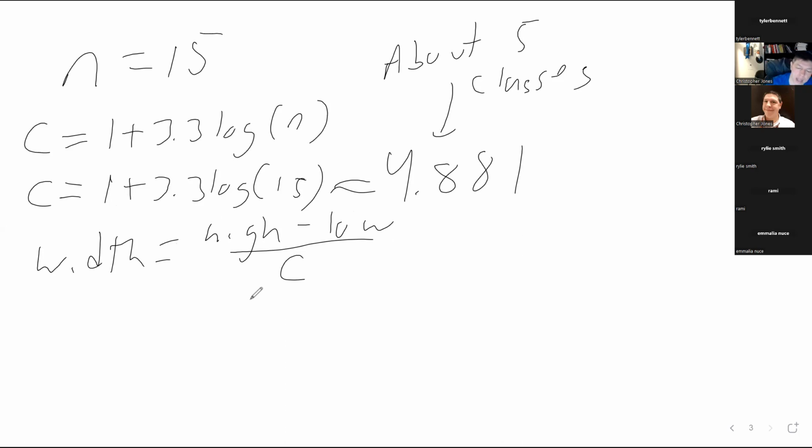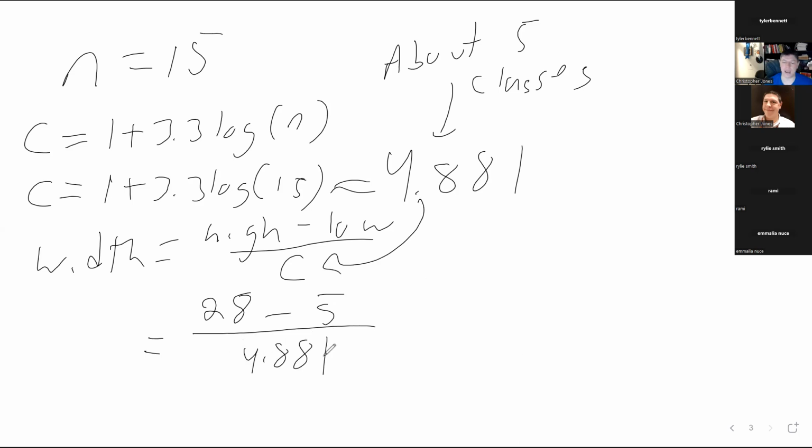So in this case, and correct me if I'm wrong, the highest observation looks to be 28. If we go back to our list of observations, the rightmost number is 28. The lowest number seems to be 5. And then C, we're just going to pull from the 4.881 that we all just found.